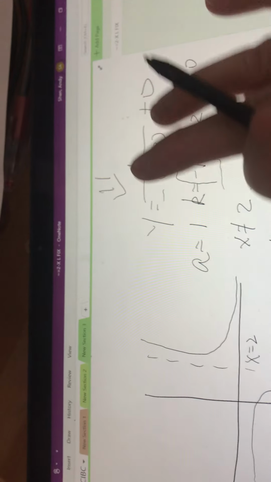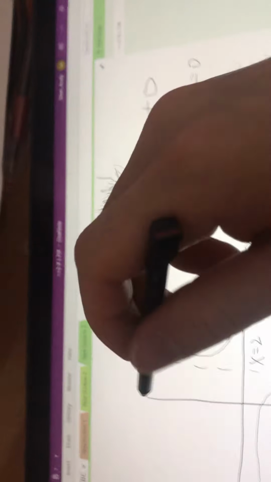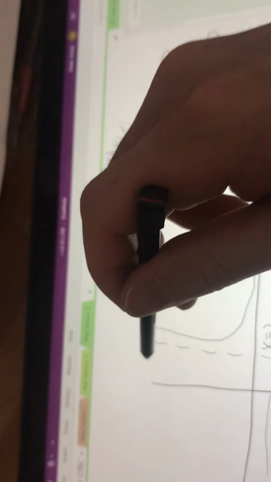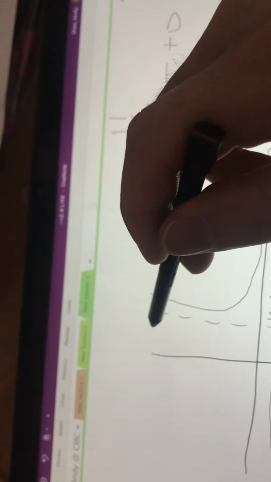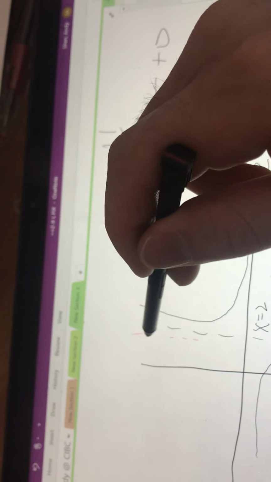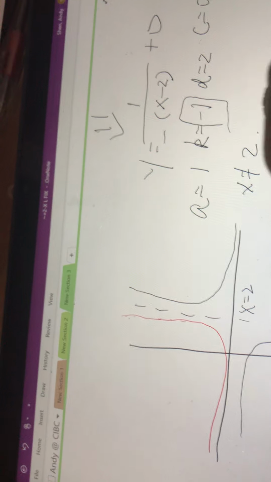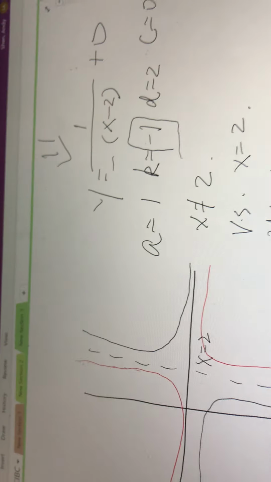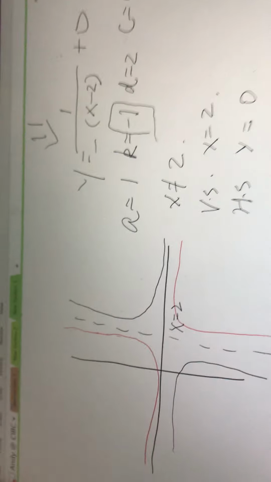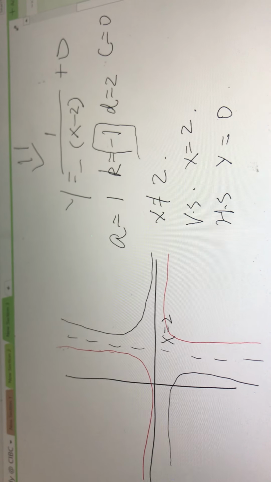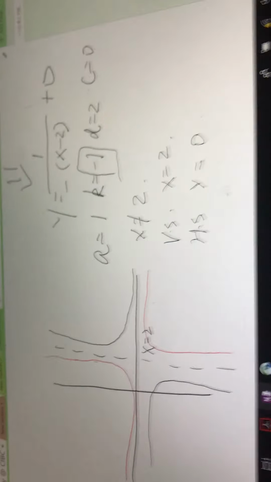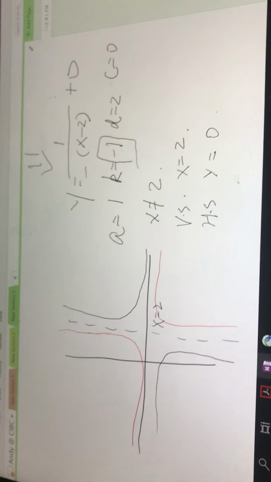We should reflect this back over there, right? So the graph should pretty much look like this. And that's all for today's class. Thank you.